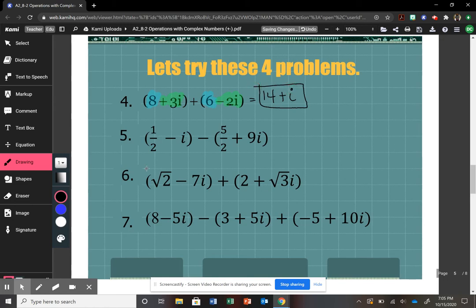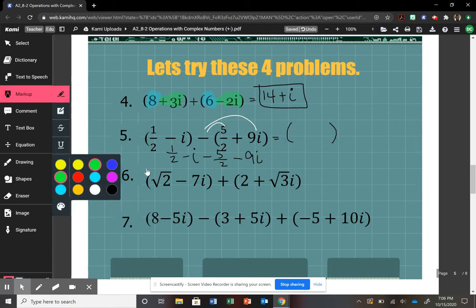All right, so here we have a negative. I have to distribute the negative first. So I'm going to rewrite this as 1/2 minus i minus 5 over 2 minus 9i. Okay, so first I'm going to add the reals together.